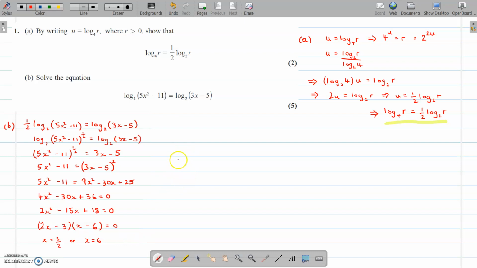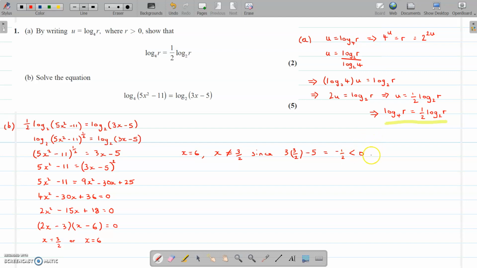So my solution is going to be that x equals 6, okay? X does not equal 3 over 2, since, and I would just say something like this, 3 times 3 over 2, okay, minus 5 equals minus 1/2, okay, which is less than 0.